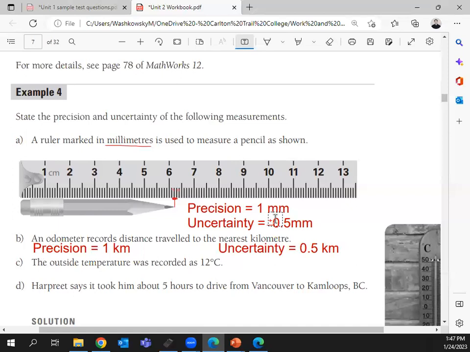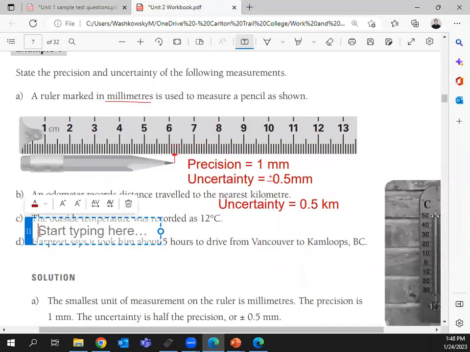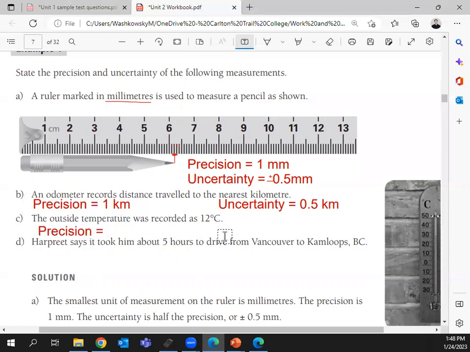Okay, so question C, what's my precision? Austin? Remember, precision is our measuring unit. So how are we measuring the temperature right now in question C?